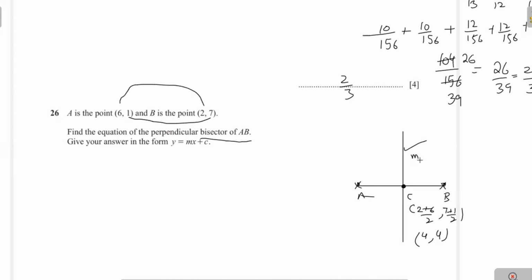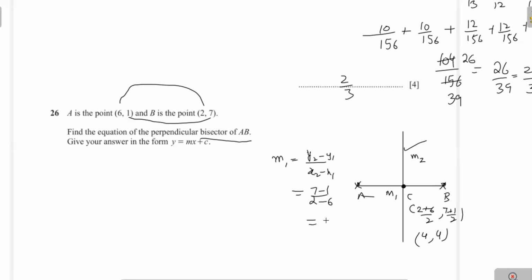Suppose the gradient of the perpendicular bisector is m2 and the gradient of line AB is m1. The gradient of line AB, m1, will be equal to y2 minus y1 over x2 minus x1. This value will be equal to y2 is 7 minus 1, and x2 is 2 minus x1 is 6.